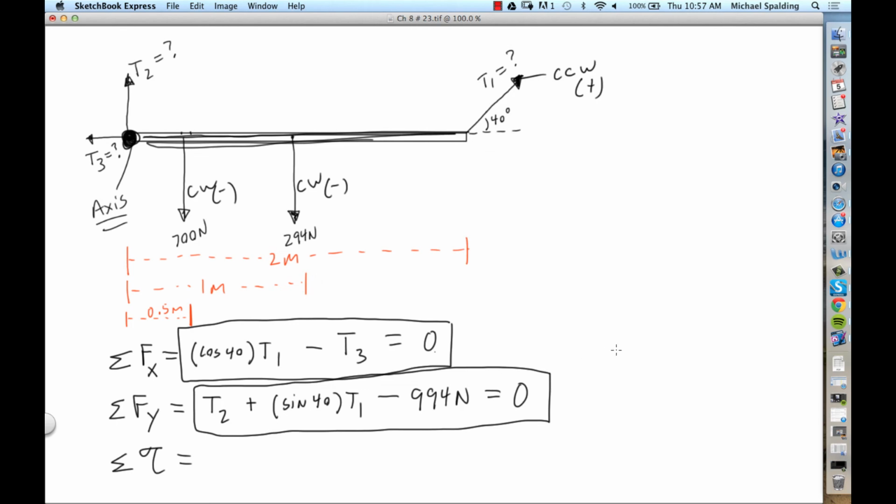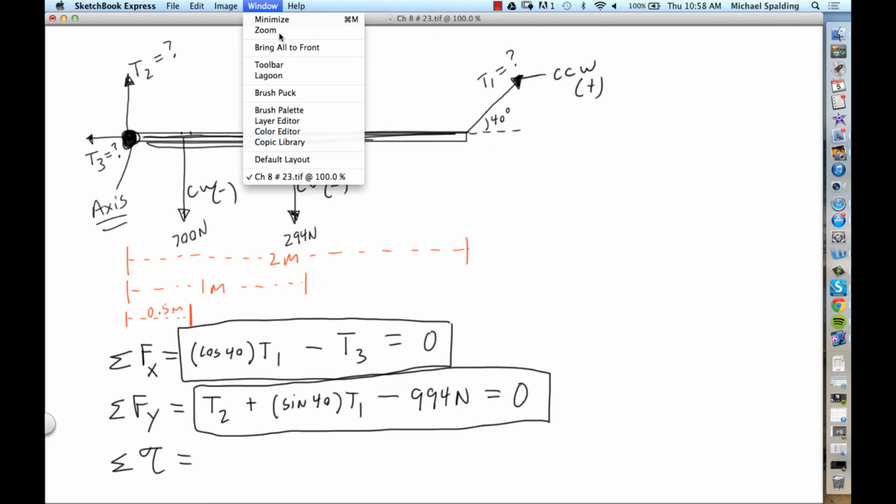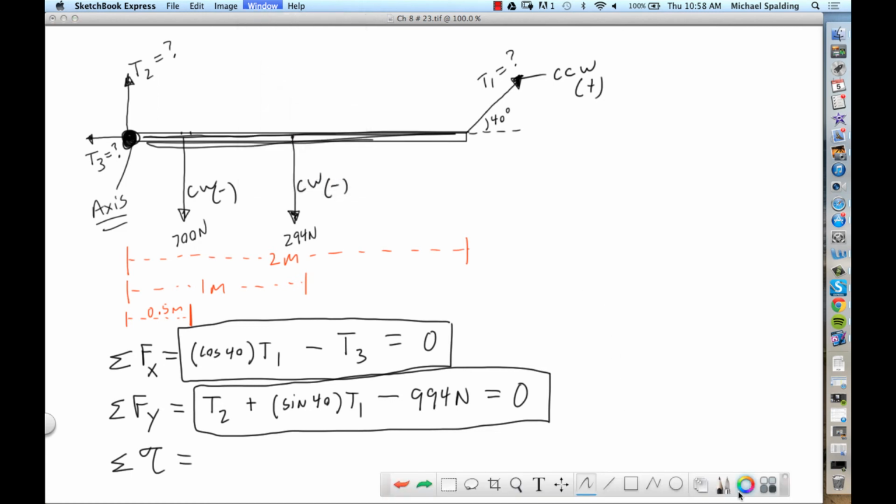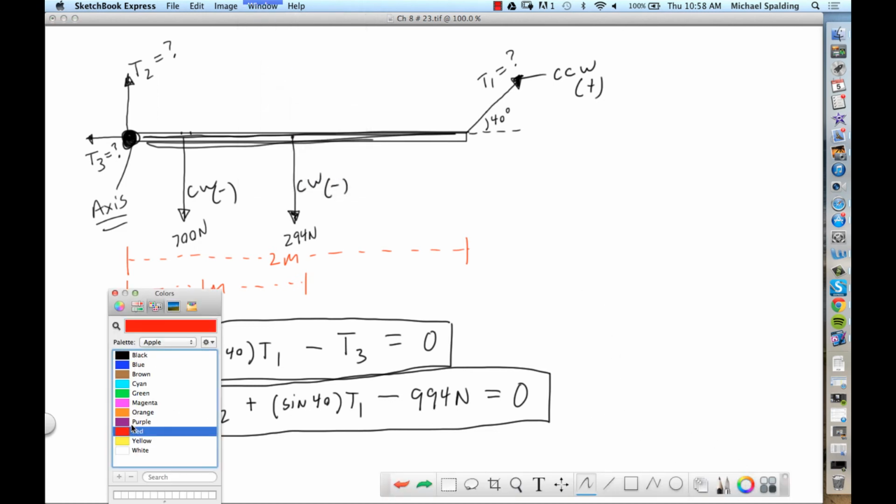So here's what you do. Let's go red. Do this in red. So look, T1 has an x component and a y component. Notice that this y component, is that y component perpendicular to the board? Yeah. That y component is sine 40 T1.